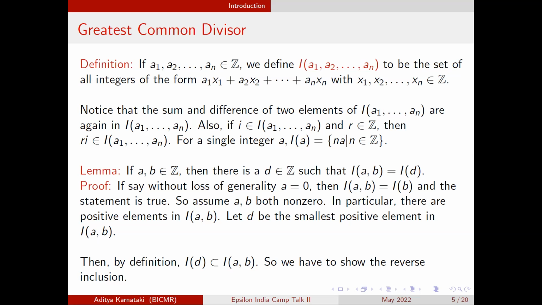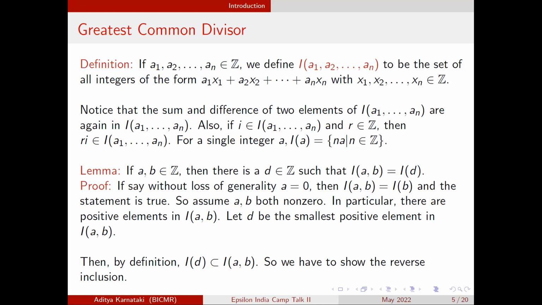Since I of D are all multiples of D, and any multiple of D has to lie again in the same set by that line, I of D as a set completely lies inside I of AB. Yes, sir. Thank you, sir.